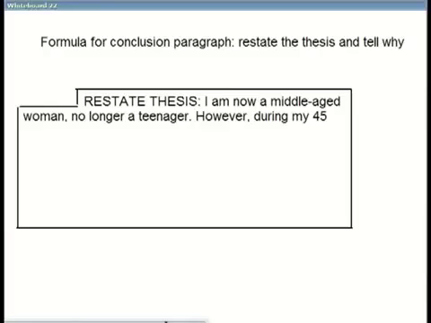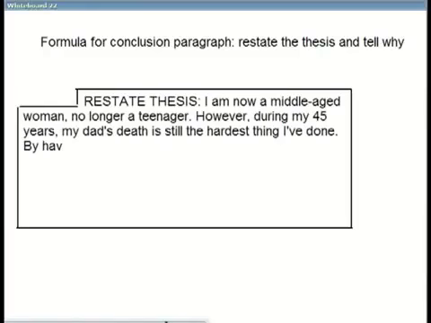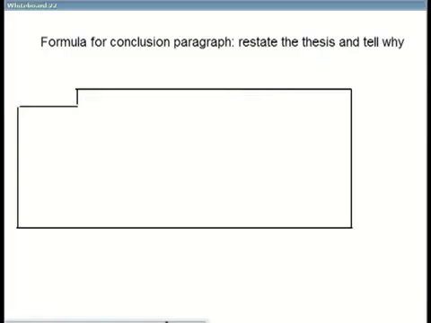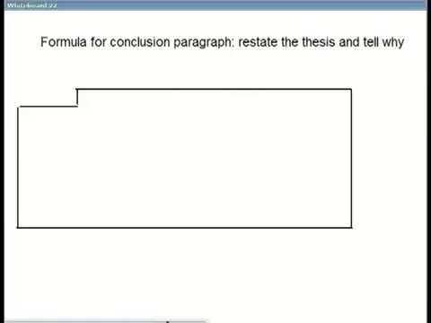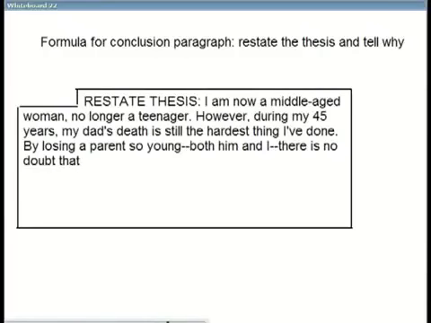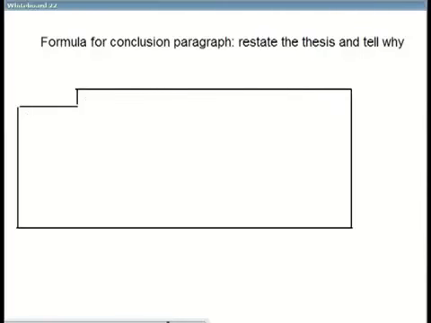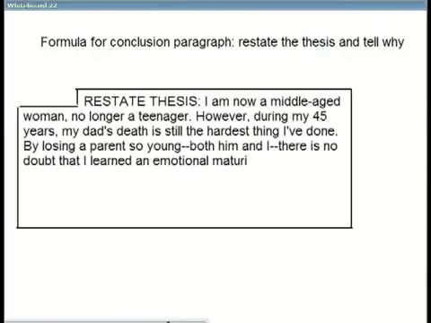Now you tell its importance. By losing a parent so young, both him and I, there is no doubt that I learned emotional maturity.